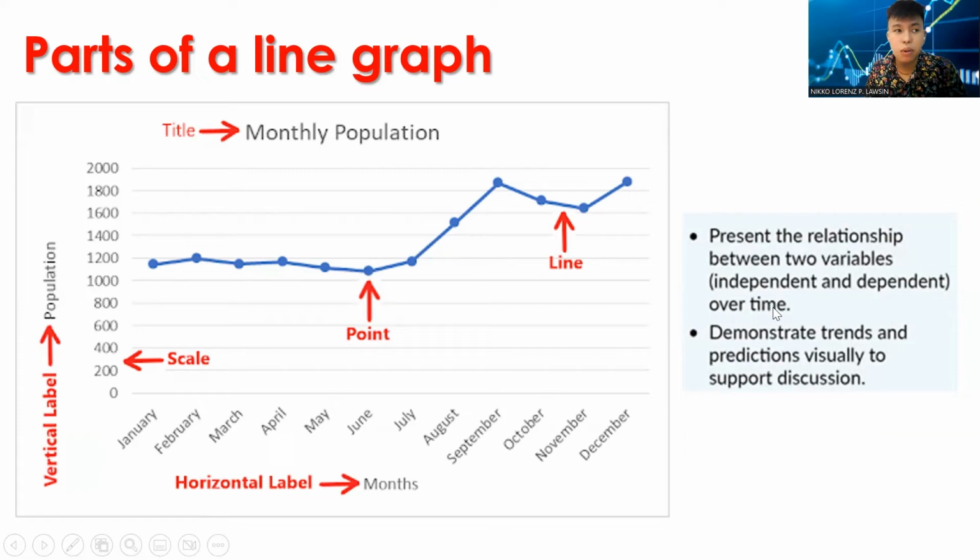A line graph is best used if you have continuous data, such as time. So you can observe how the population goes up. If one of your observation factors is affected by time, the most appropriate graph to use is the line graph.